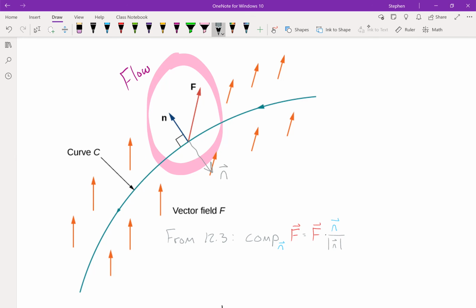But now if we use this other normal vector, the one that goes backwards, we'd be looking at the flux of this river that goes upriver or backward through the dam. So our choice for the normal vector just determines which item we're looking at. Are we looking at the flow of the river out of the dam, or are we looking at the flow of the river back into the dam? So that's where our orientation is going to be important.